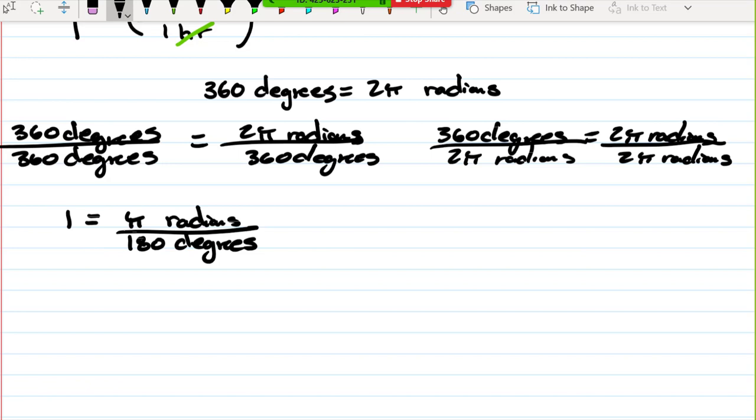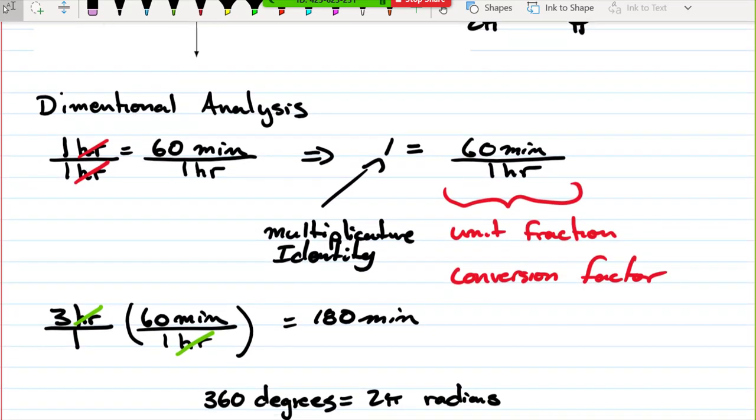And again, 2 goes into 360 180 times. So 180 degrees divided by pi radians is equal to 1. And this gives me my two unit fractions, or conversion factors, to convert from degrees to radians, or from radians to degrees. So let's go back and look at this example.